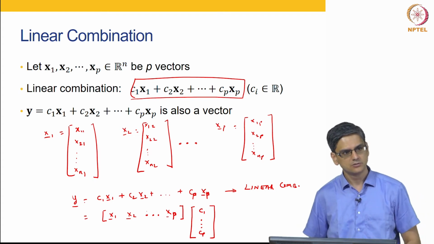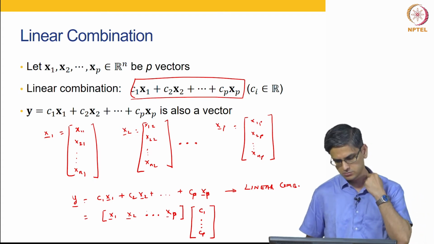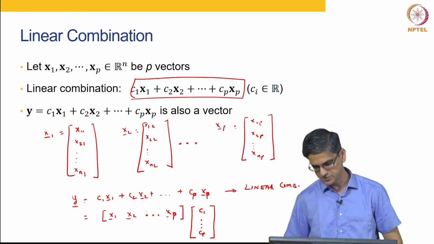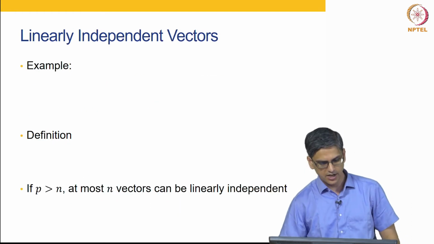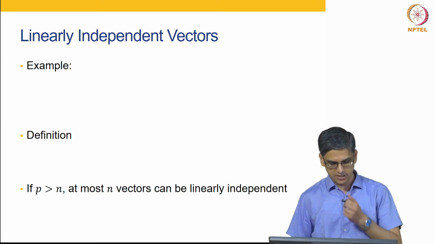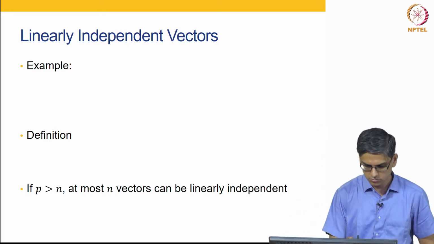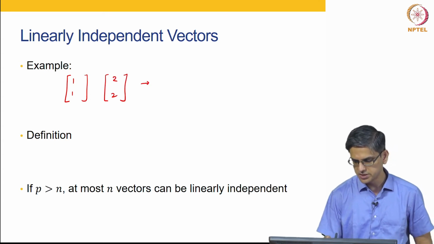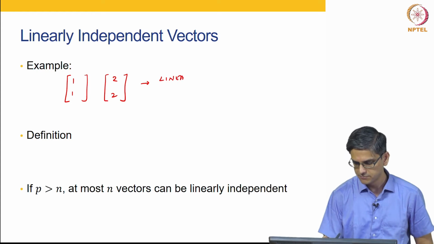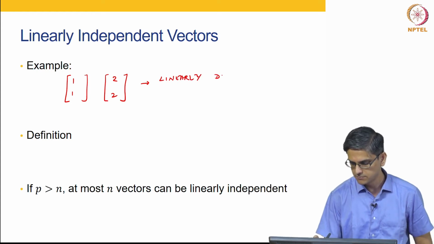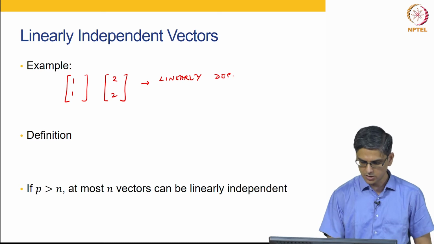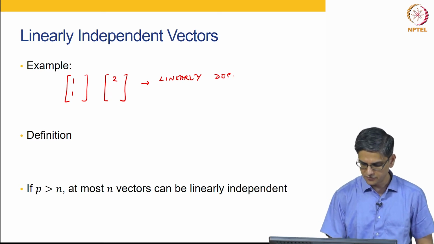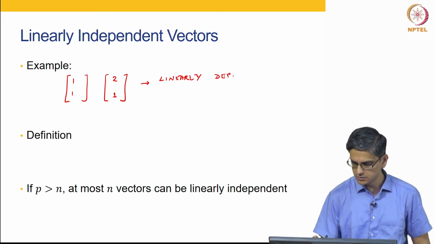Over here we are just doing the other way around, okay. So this is the representation, okay, and we talked about linearly independent vectors. So let us say you have vector (1, 1) and vector (2, 2), these are linearly dependent, okay, but on the other hand if you had vector (2, 1), that is linearly independent.